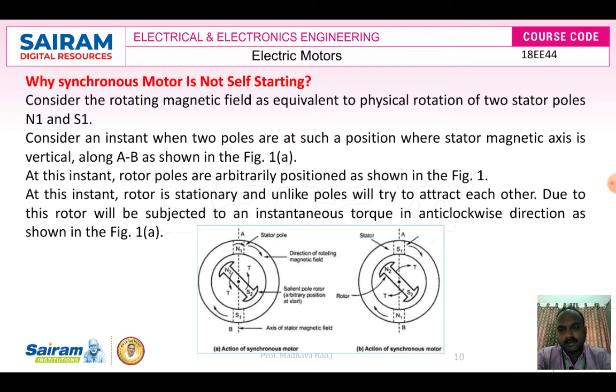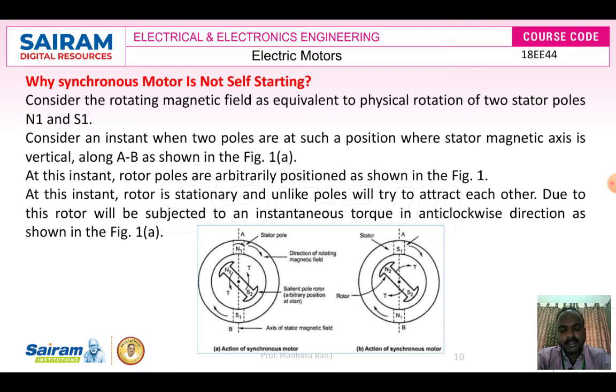Similarly here, we have two windings, the armature winding and the field winding. The armature winding is placed on the stator and the field winding is placed on the rotor. Here we are considering magnets. Opposite magnets are placed on the stator and rotor. In the first figure we can see the synchronous action of the synchronous motor.